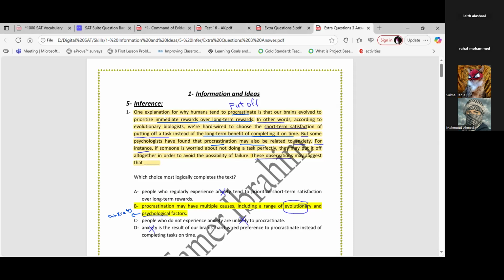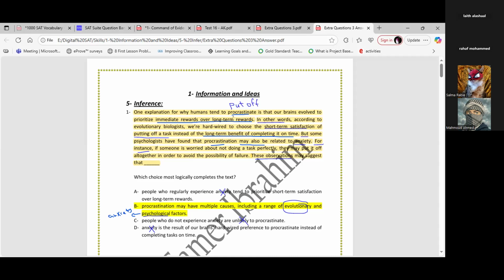One explanation for why humans tend to procrastinate is that our brains evolved to prioritize immediate rewards over long-term rewards. In other words, according to evolutionary biologists, we are hardwired to choose the short-term satisfaction of putting off a task.